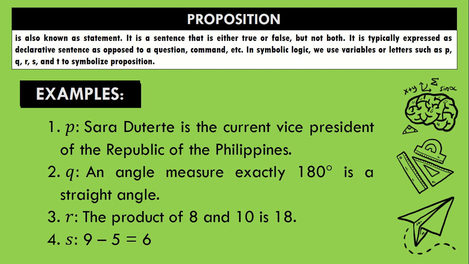So let's try to identify the truth value of each proposition here. Number one, Sara Duterte is the current Vice President of the Republic of the Philippines. Obviously this is true.